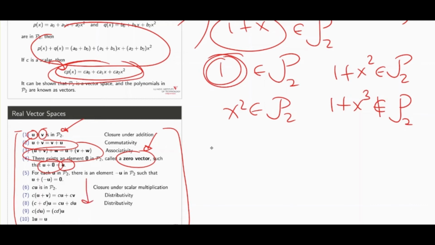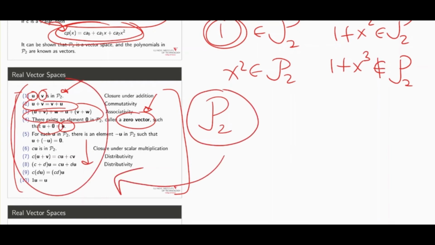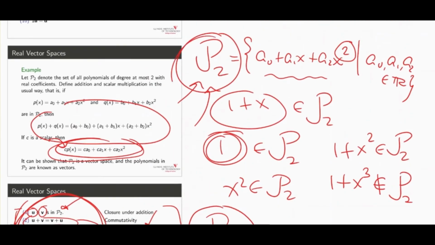In your notes, you will see that I go through very detailed computations to show you that P2 satisfies all these 10 axioms. We go through all of this in detail, showing that all 10 axioms are satisfied by polynomials of degree at most 2 with these two operations, addition and scalar multiplication, defined like this.